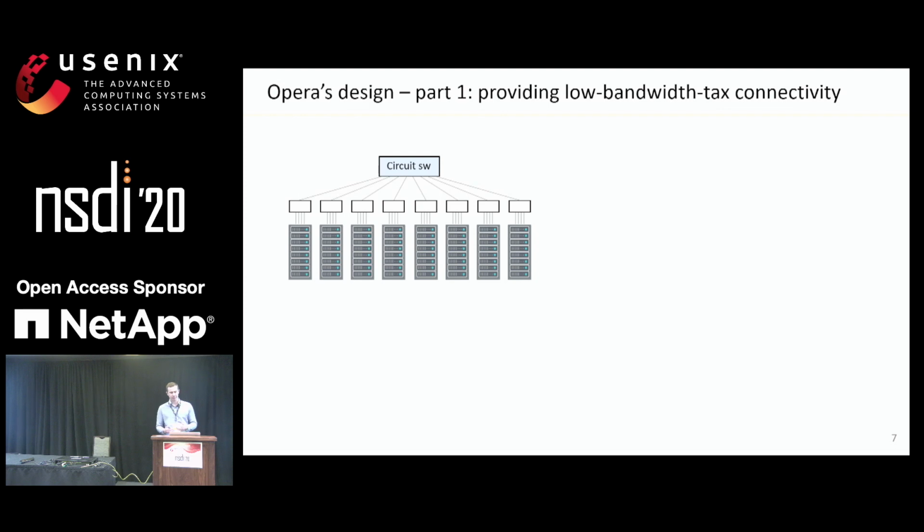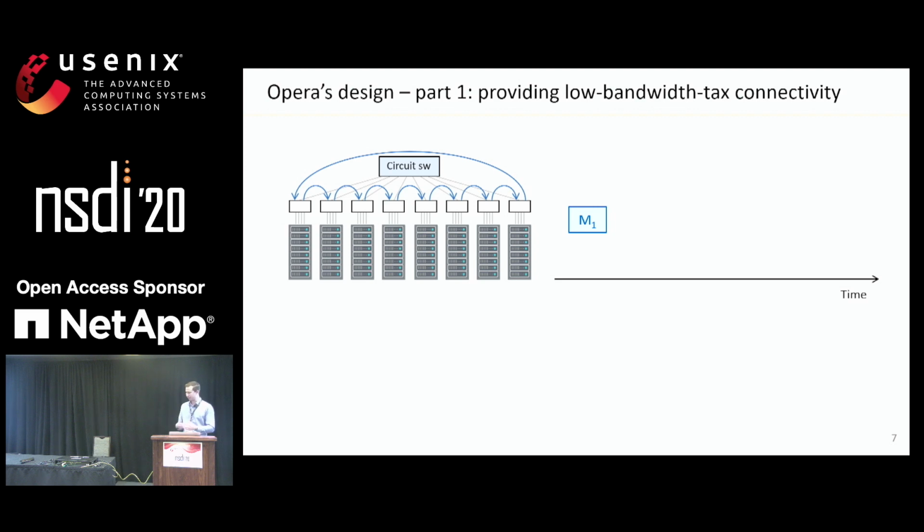So now I'll go through some of the high-level design aspects of Opera. The first design property we'd like to have is for Opera to provide low bandwidth tax connectivity. And to do this, we use reconfiguration. So we connect racks of servers with reconfigurable circuit switches, and the circuit switches can establish direct connections between racks.